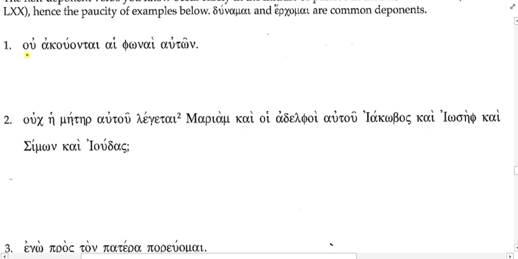For Philip's sake, let's look at number 1 real quickly. Now, this is just related to that question. Ou akouontai. My personal ending is ntai here, right? Which person and number is that? It's third plural. What's the lexical form of akouontai? Akouo.